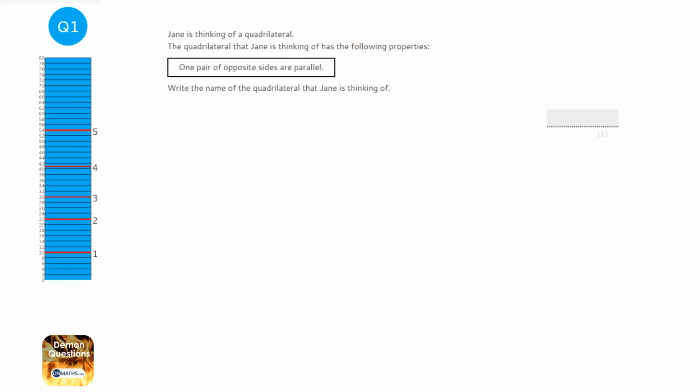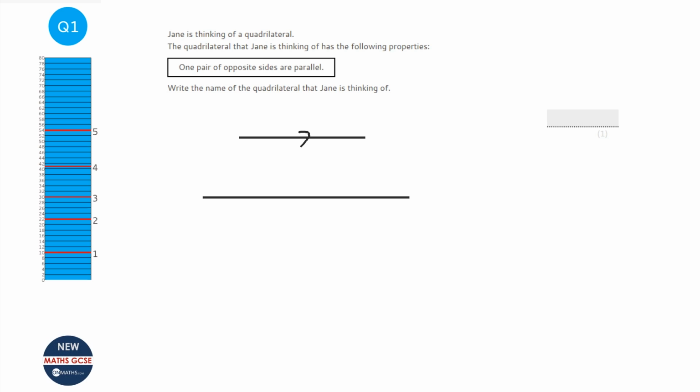Okay, it's really important to realise the properties of all of the quadrilaterals, and we're given a piece of information here, which is one pair of opposite sides are parallel. So if I just draw that out, I can just draw any set of parallel lines. Now it says one set of parallels, so I've got to make sure none other lines are parallel.